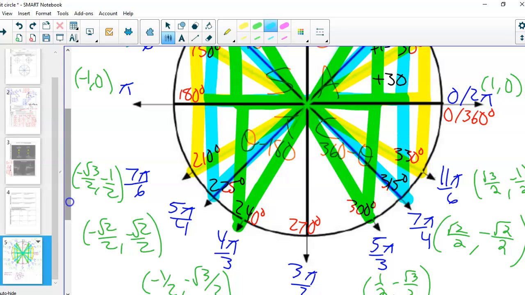So we can say at each 45 they're going to have the same exact values, just the signs are going to change. At each 30, it's going to have the same values, just the sign's going to change. And at each 60, it's going to have the same values, the signs are just going to change.